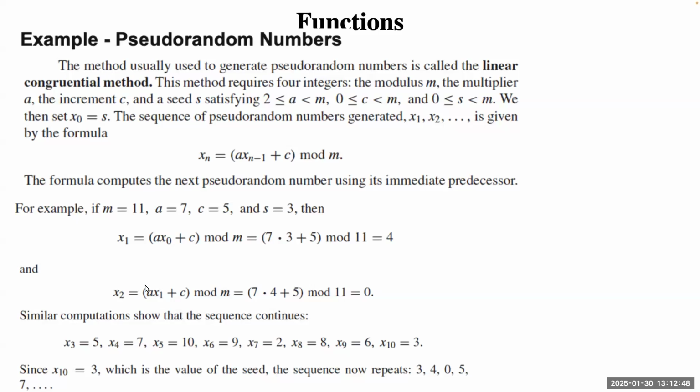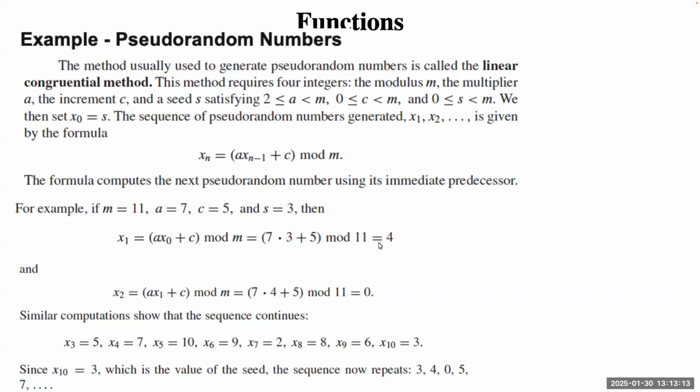x2, since n is 2, n minus 1 is 1, so x2 will equal a x1 plus c mod m. Well, a is 7. x1 I just computed to be 4, so that goes there, plus 5. So now I got 28 plus 5 is 33. 11 divides evenly into 33. So my random number x2 is 0.